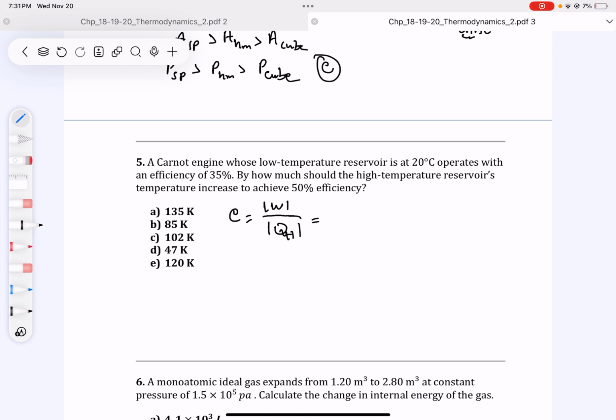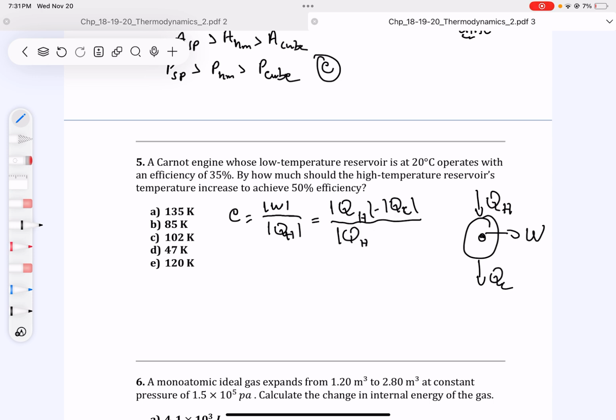We can write the absolute value of the work, because we have here the engine. We put QH. We get from here QC. What's W? It's absolute value of QH minus absolute value of QC over absolute value of QH.